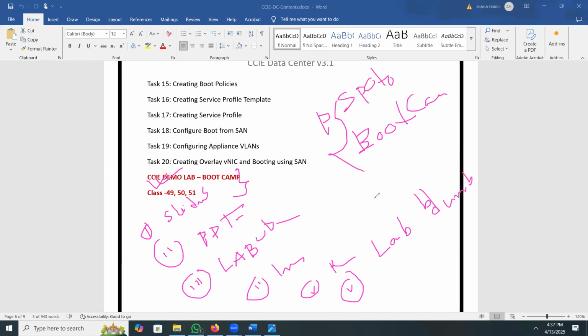Before the lab exam, you should go through the boot camp. Without a boot camp, you cannot proceed. That's why my course cost is very low. I only provide the theoretical concepts as well as part by part lab. Also, I will provide a demo lab exam. That's why the cost is $900 maximum.